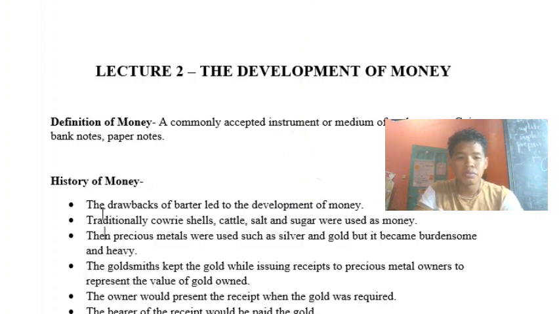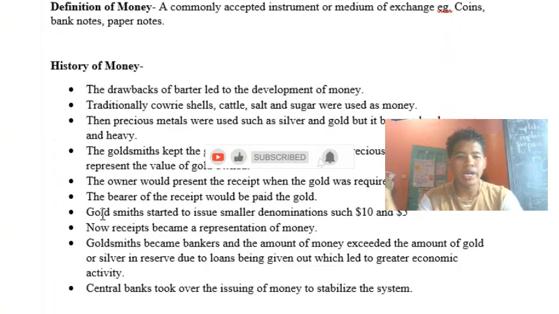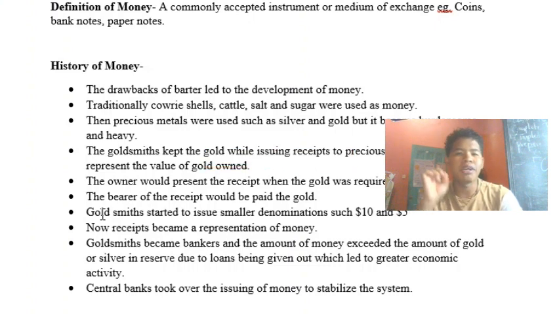So, the history of money. First of all, the bartering system was sometimes not fair in terms of exchange. It had a lot of drawbacks and not a lot of positives.